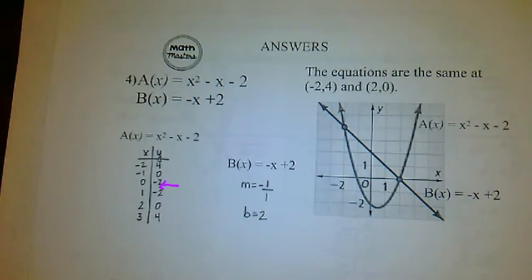Notice that the vertex, we would have to approximate, but we don't really care about that. So we have these 2 points. Just be very, very specific when you are putting these down, and make sure that you can clearly see those intersection points. We can see that at -2, 0, they intersect, and at -2, 4.